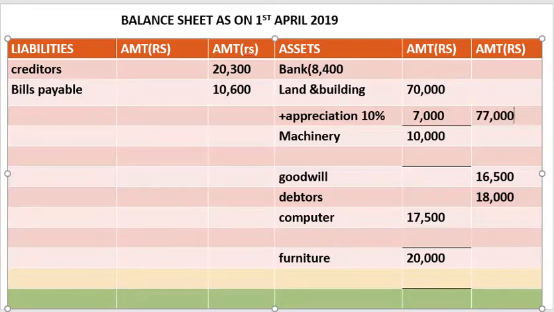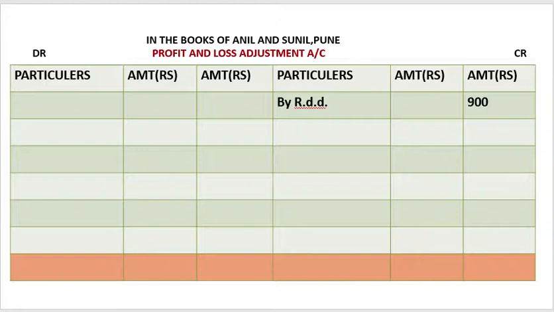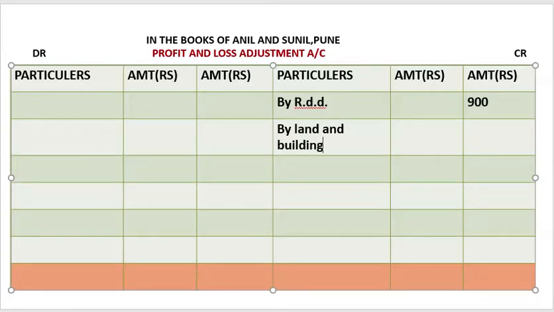This 7,000 will go in the buy land and building account, 7,000.